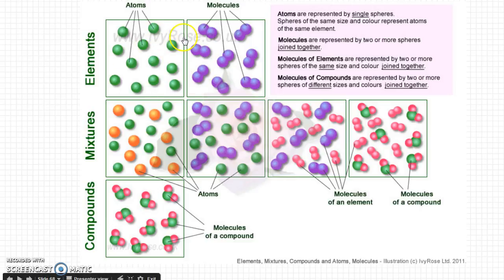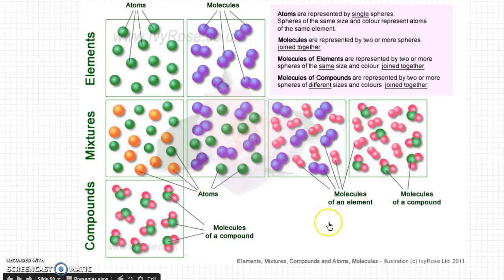So with atoms, all of these particles are green. They're all the same. Molecules can still be elements, in the example of diatomic elements, things like fluorine, chlorine, bromine, iodine, nitrogen, oxygen, hydrogen. There's more than one atom, but those atoms are the same. So it's still an element, but its simplest particle is called a molecule.